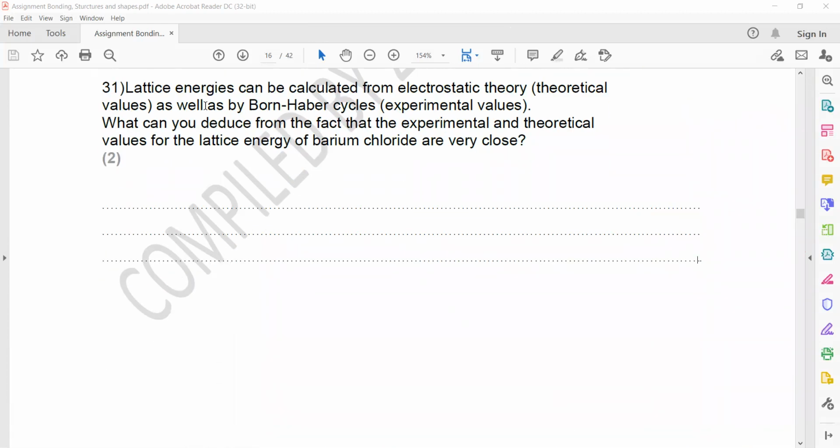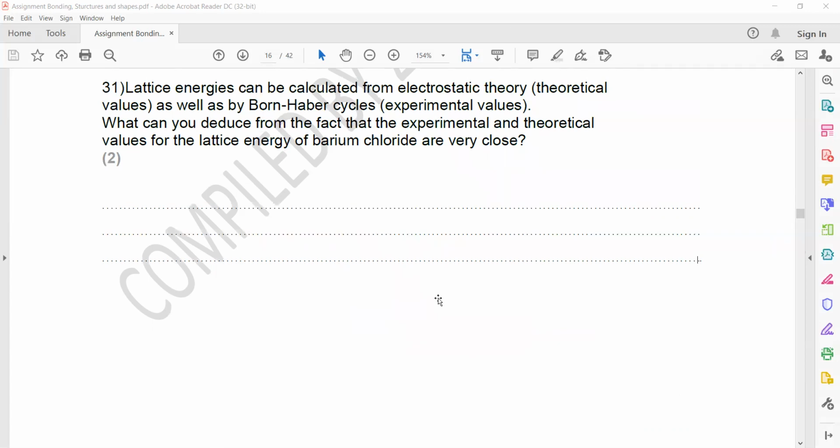In question 31, the lattice energies can be calculated from electrostatic theory, the theoretical as well as Born-Haber. What can you deduce from the fact that experimental and theoretical lattice energies of barium chloride are very close? So when lattice energies are very close, it means the bonds are 100% ionic and there is no distortion.